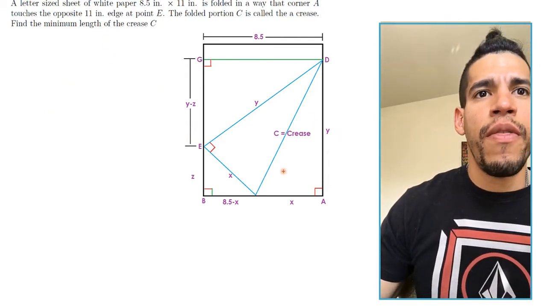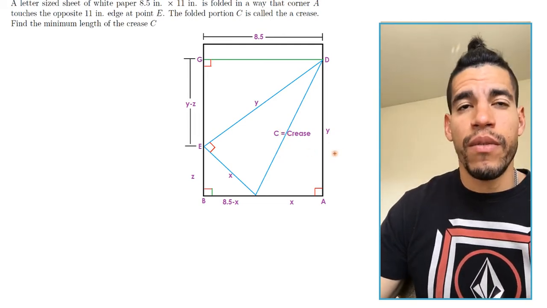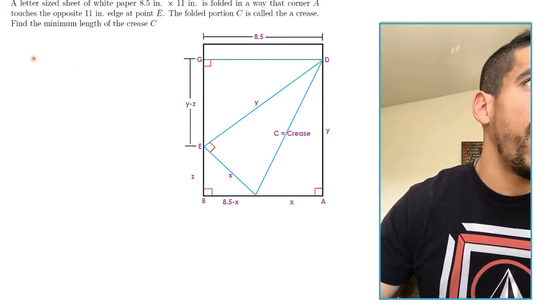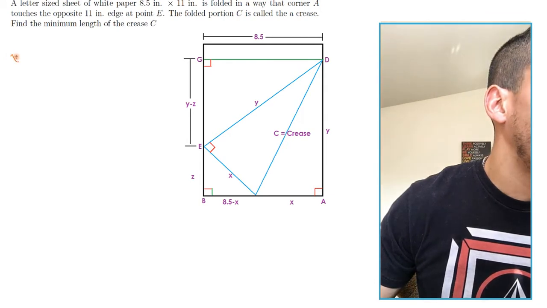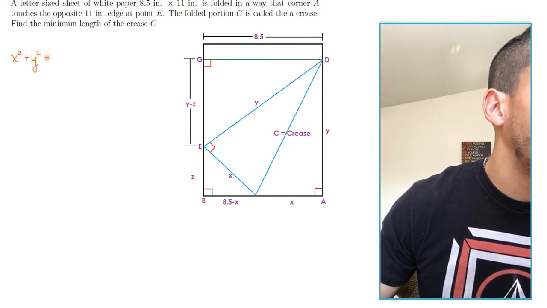Let's start with the relationship between the crease, y, and x. That's a right triangle, so it's going to be x squared plus y squared equals c squared.